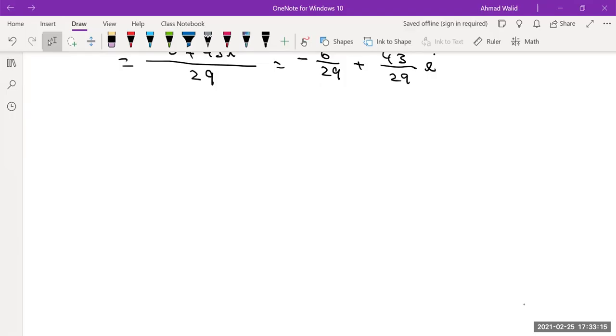Now, another topic of discussion that we already discussed before is dealing with the roots of negative numbers, correct? Roots of negative numbers.